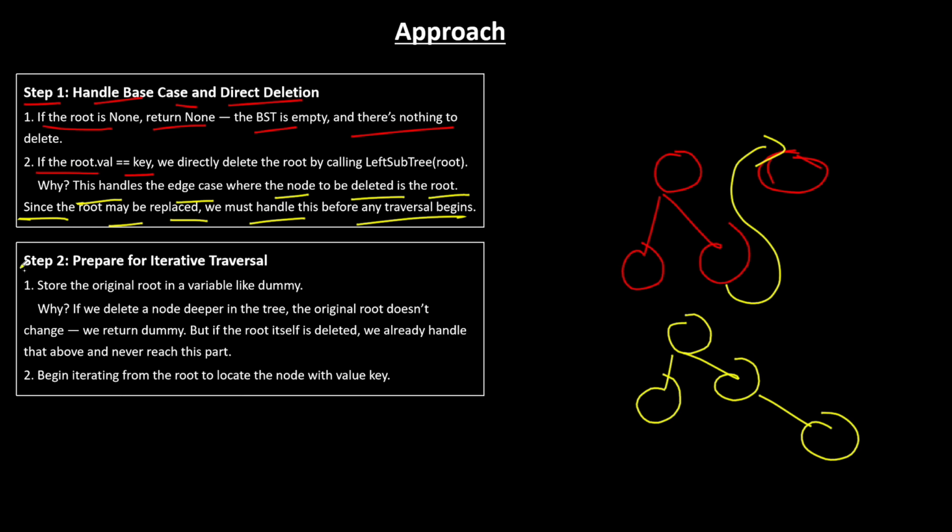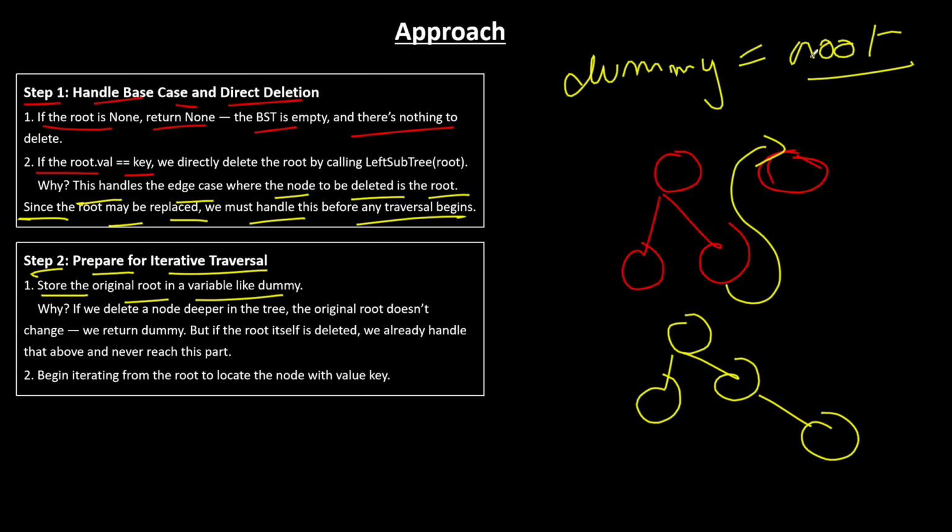Step two is to prepare for iterative traversal. We store the original root in a variable like dummy. We will have a dummy variable which will hold the root so that we don't hamper the original given tree. If you delete a node deeper in the tree, the original root does not change. We return dummy.